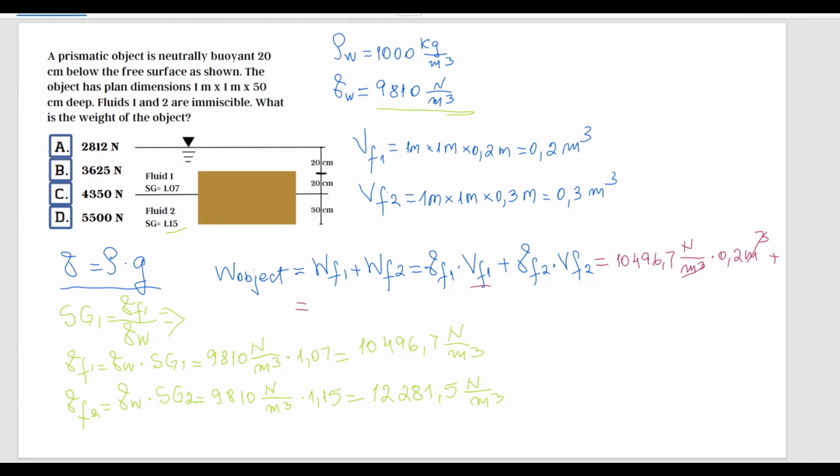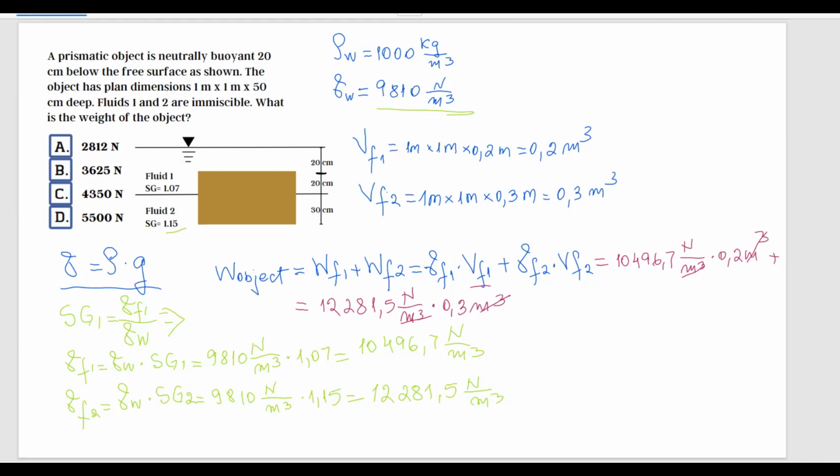And moving forward, we're going to have the unit weight of fluid number 2, which is 12,281.5 newtons over meters cubed multiplied by the volume of fluid number 2, which is 0.3 meters cubed.